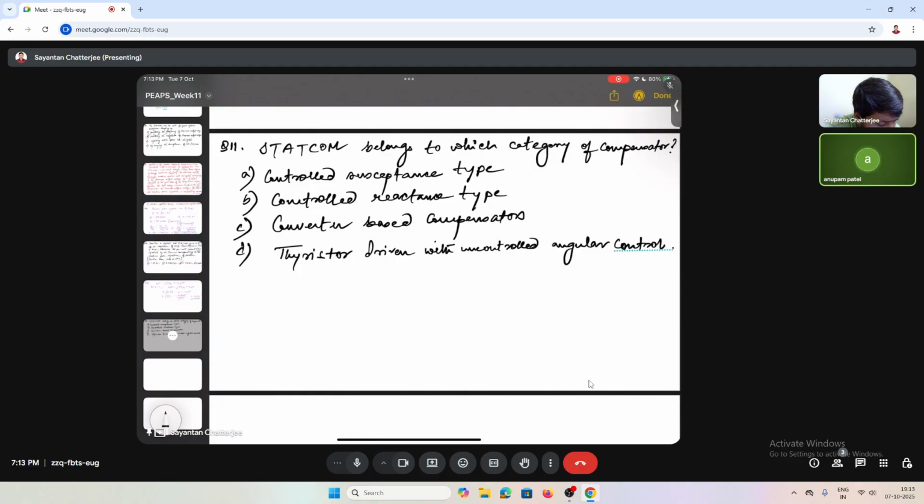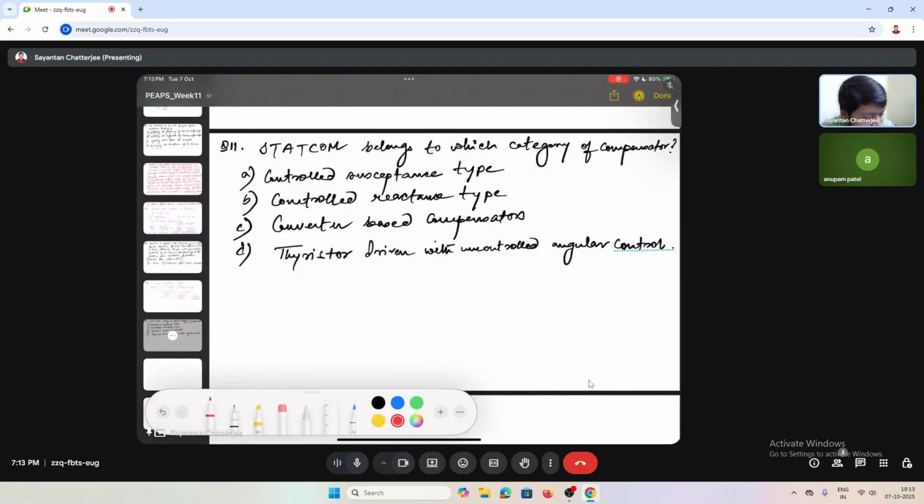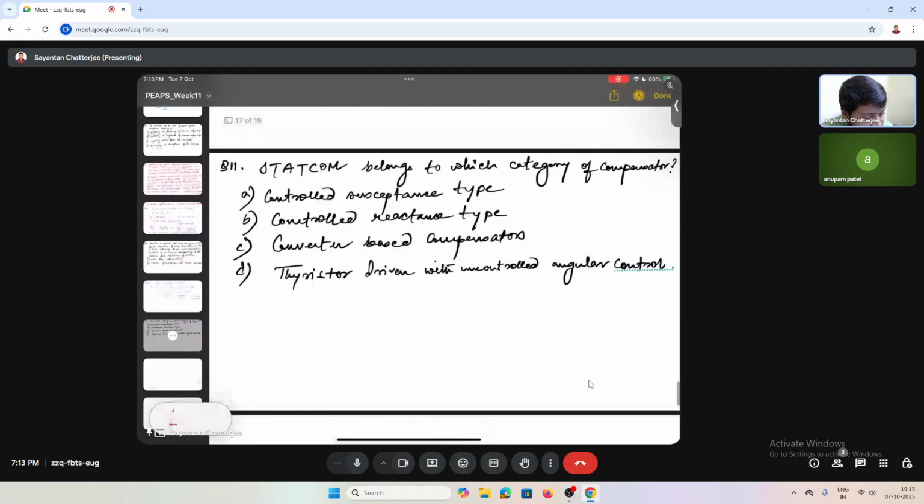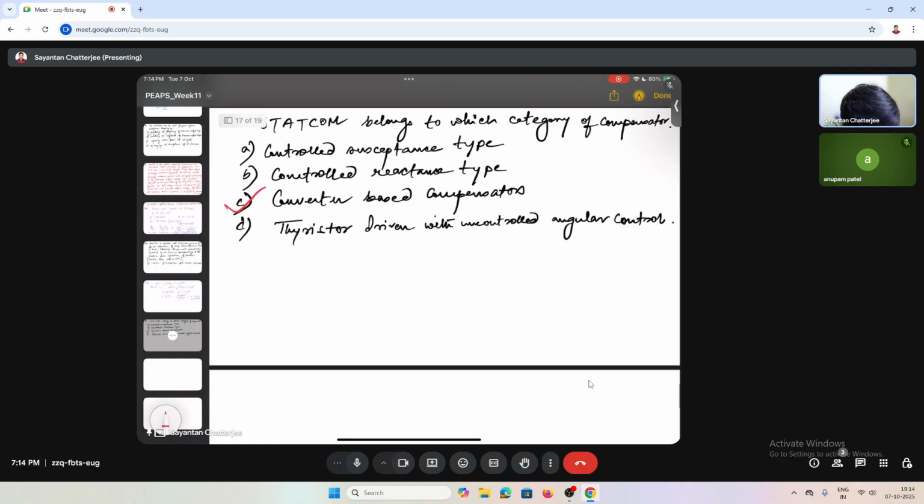B for both. No, but sir, no, C. C is the correct answer. These first two are from the category of thyristor controlled operations. So TCSC, TCR, TSC, thyristor switched capacitor. So this one is converter based compensators.